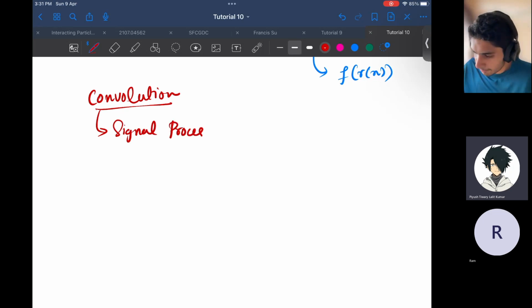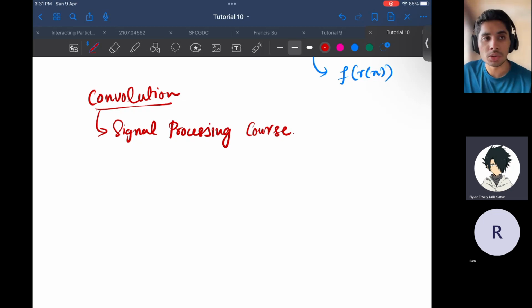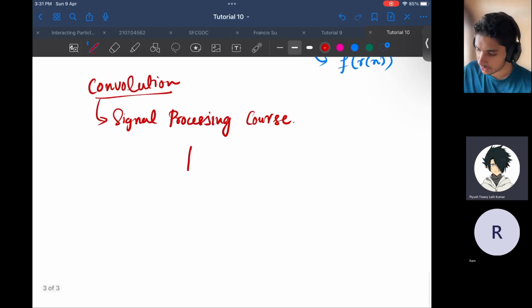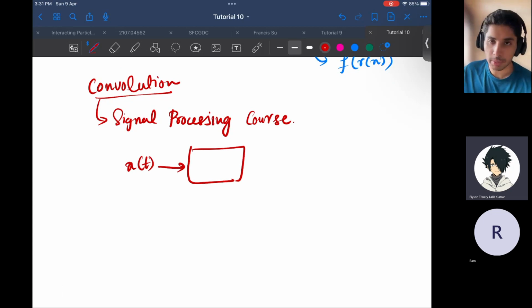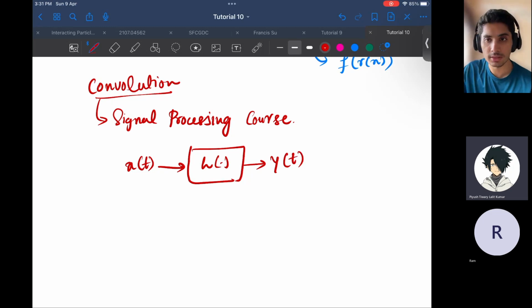So there, what I saw was, let's say you have some signal x of t, and you are passing it through a function which is, let's say, h. Okay, and you are getting some output y of t.